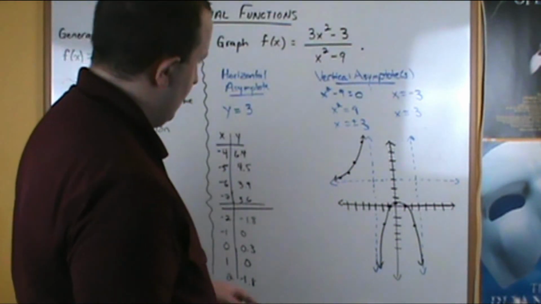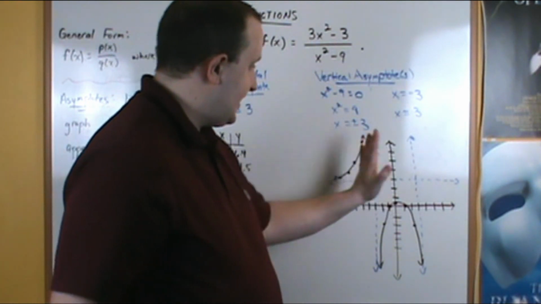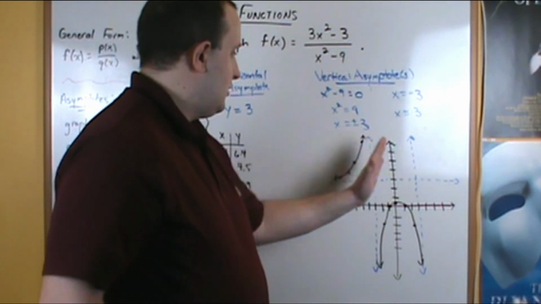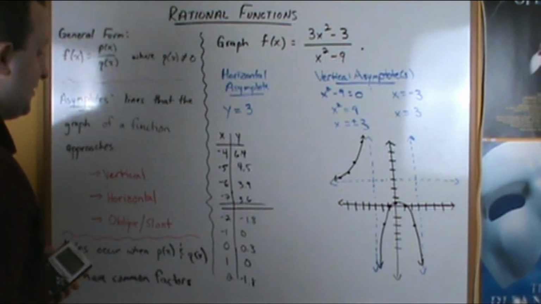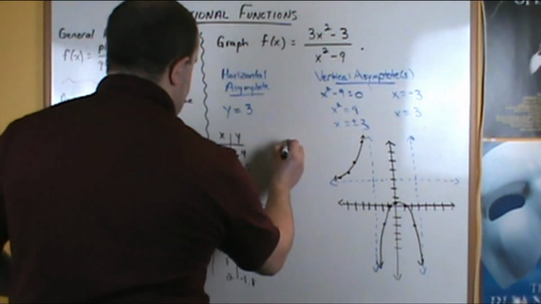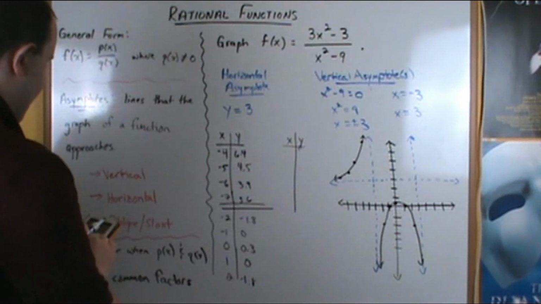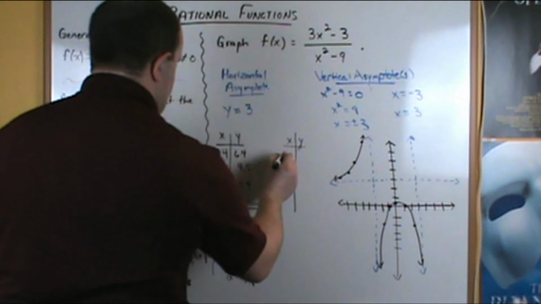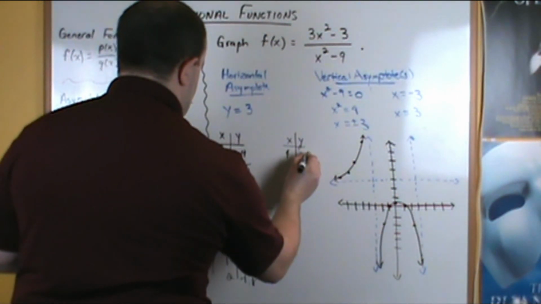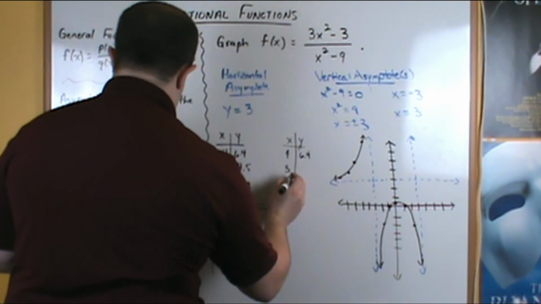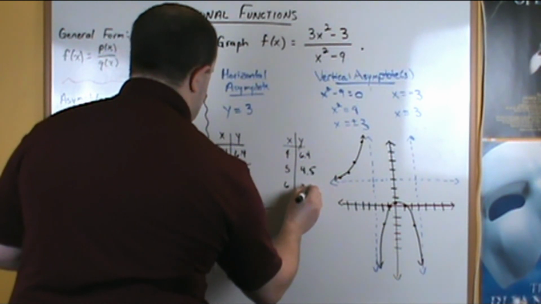And you might be thinking, okay, since this is rising up like that, you might want to say it's symmetric with respect to the y-axis. And indeed, you're going to be right. But let's go ahead and just show that real quick. If we pick positive 4, we get about 6.4. 5, we get 4.5. 6, we get 3.9.